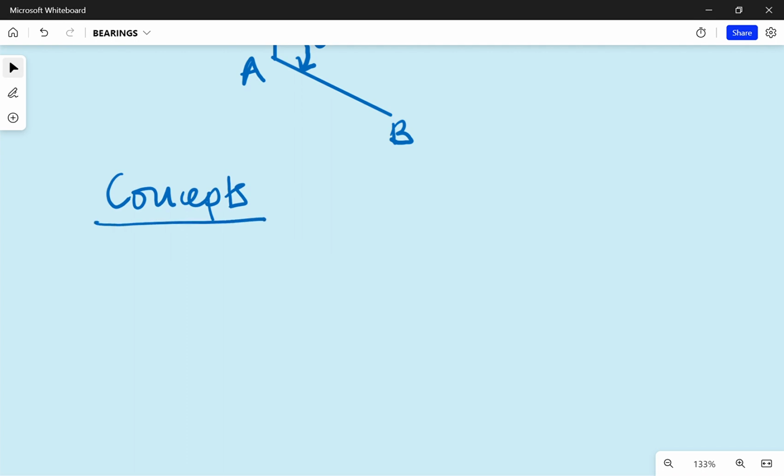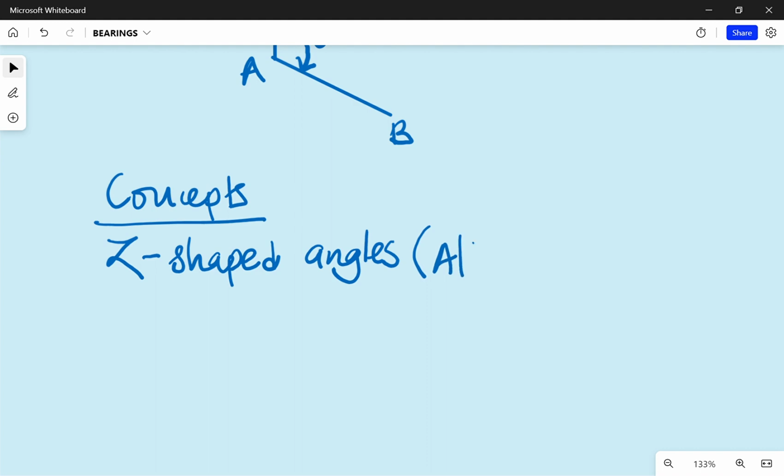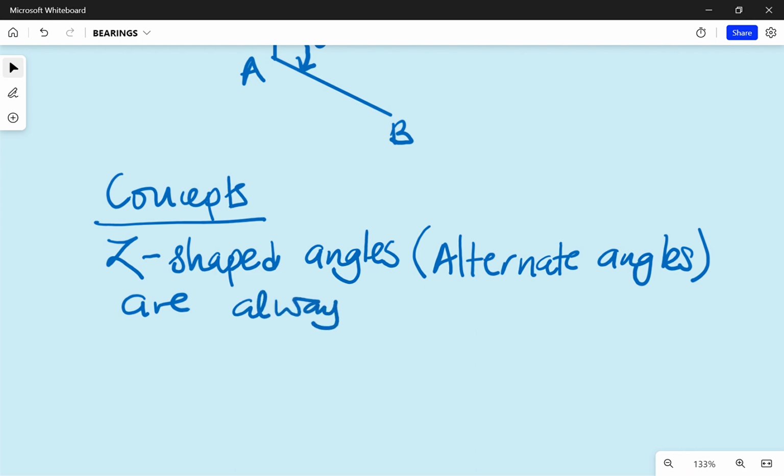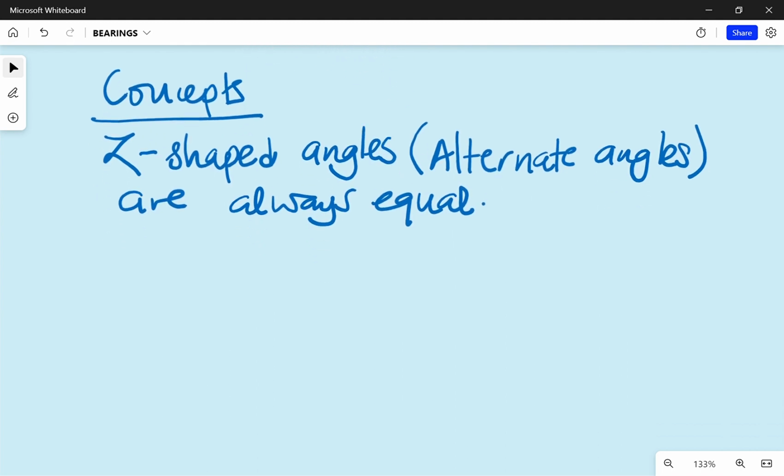Okay, so Z angles, alternate angles, Z-shaped angles, which we call alternate angles. These are always equal.